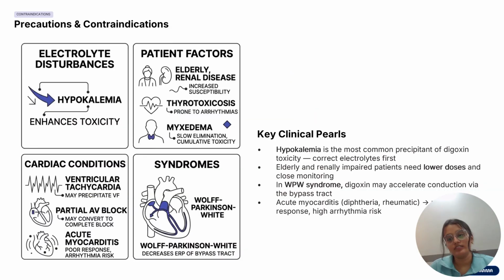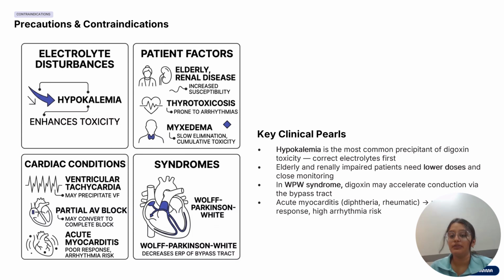So, precautions and contraindications. Hypokalemia is a precautionary condition for digoxin, where it is the most common precipitant of digoxin toxicity, and first of all we need to correct the electrolytes. It is also to be used with caution in the elderly and renally impaired patients, where lower doses are required and close monitoring is needed.